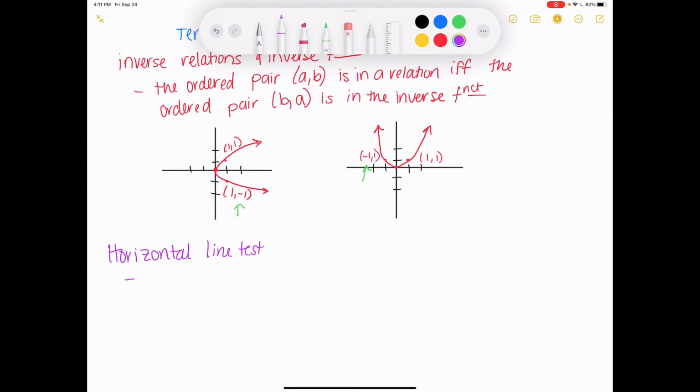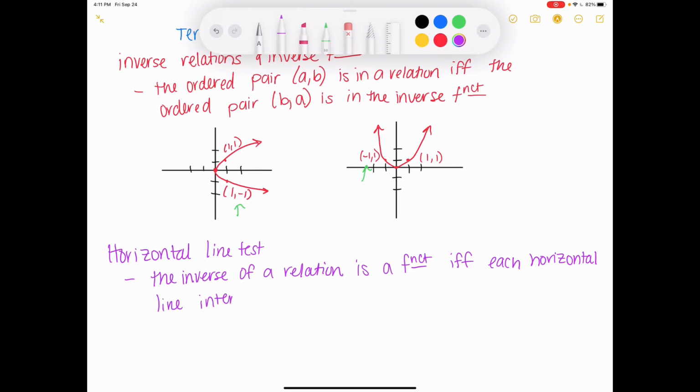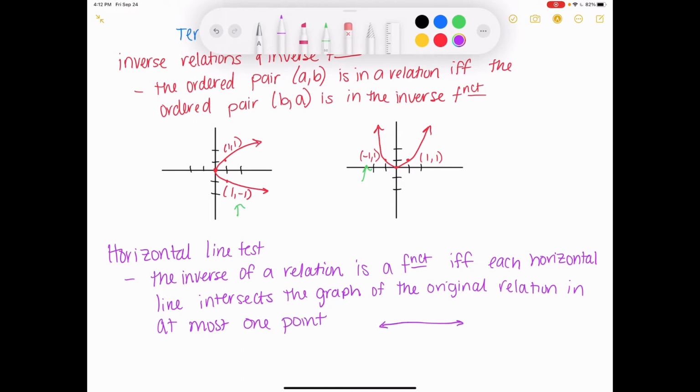This says the inverse of a relation is a function if and only if each horizontal line intersects the graph of the original relation in at most 1 point.